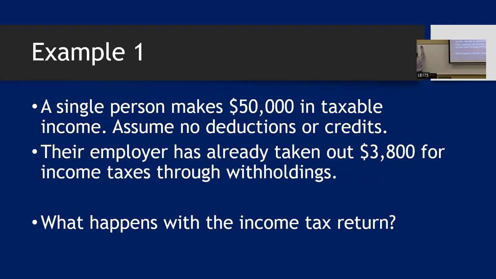Remember, in the first income tax calculation, we figured out that if a single person has an income of $50,000, and we assume no deductions and no credits, they owed the government $6,790.